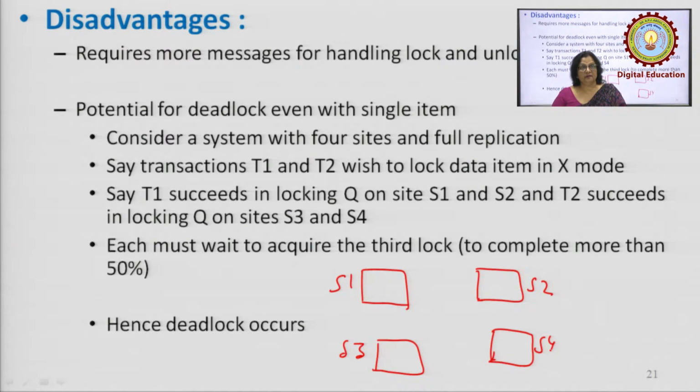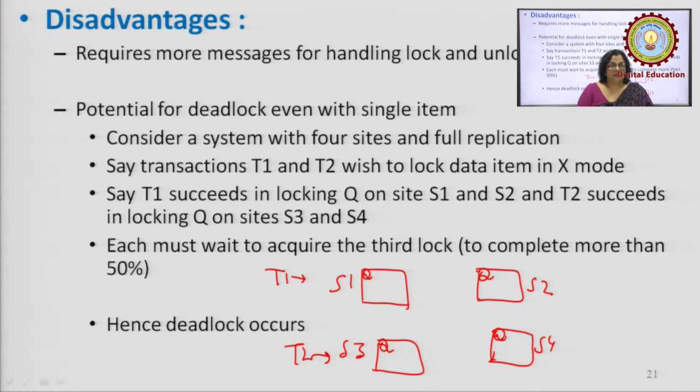Say T1 succeeds in locking Q in the exclusive mode on the sites S1 and S2, and T2 succeeds in locking Q on the sites S3 and S4 in the exclusive mode.